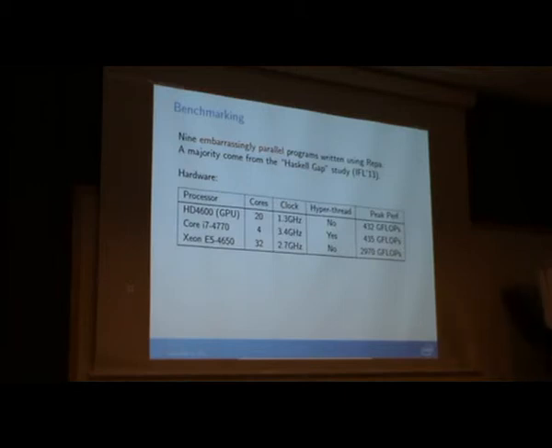But if you look at peak performance, these theoretical peak FLOPS, they're actually pretty similar. But the GPU runs at much lower power consumption. And then we also compare with the same set of programs compiled on a Xeon server CPU, which has a lot more cores and much better peak performance.